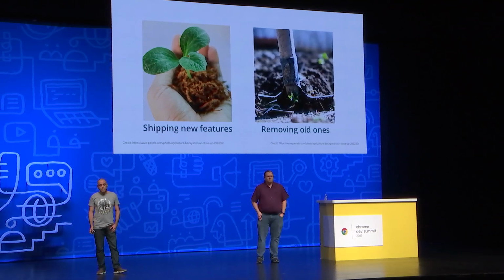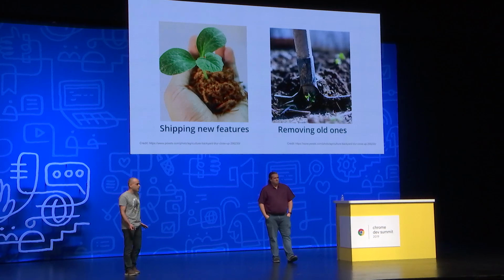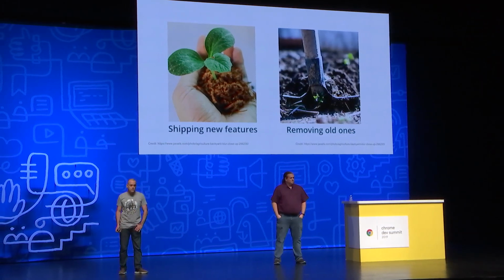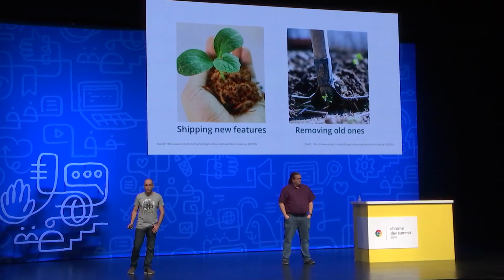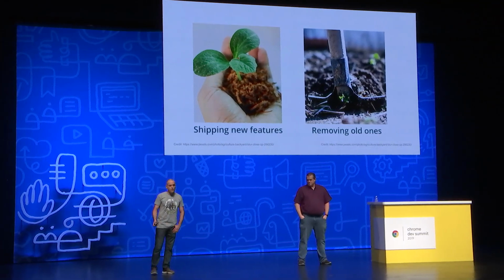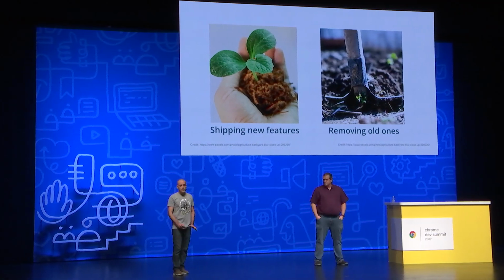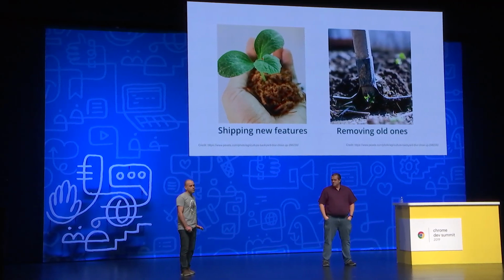So as the project is focused on improving the web platform, we have 2 major tools to do that. Adding new features that will help developers and users, and removing user-hostile features from the platform. Both of these have obvious benefits, but also slightly less obvious risks.